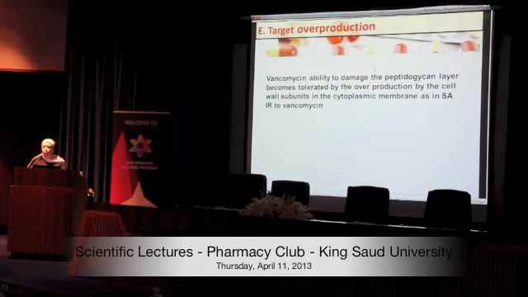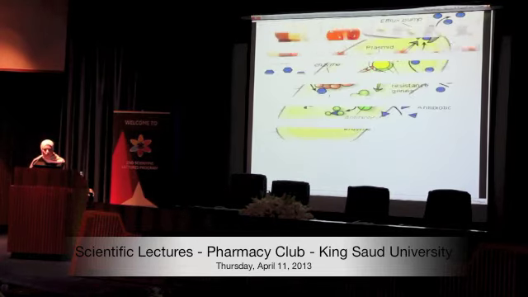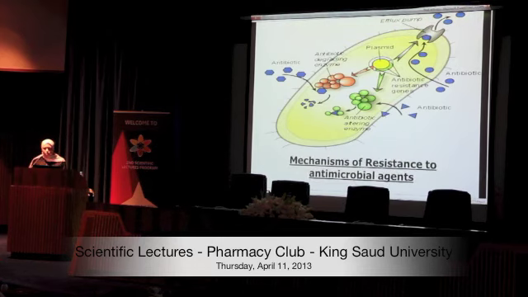I build it much faster, and this usually leads to tolerance to vancomycin over time. These are the mechanisms of resistance to antimicrobial agents. Either, as we said, efflux pumps, blocking the way in, changing the target, changing hydrolyzing enzymes, and so on, as we said.